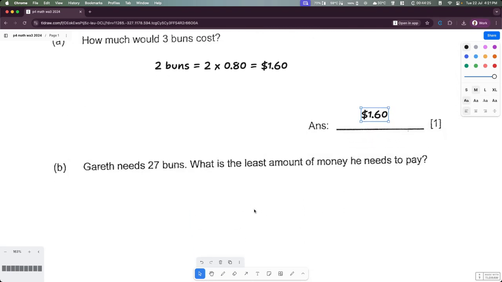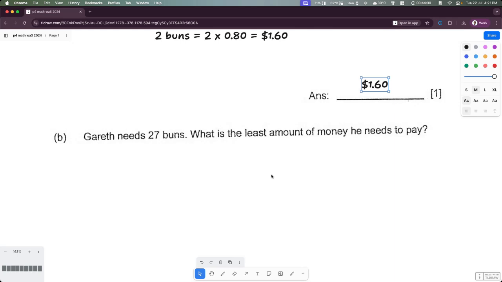Garrett needs 27 buns. What's the least amount of money he needs to buy them? That means we're going to use the offer as much as possible. One set of 3 buns is equal to $1.60. So how many sets are we getting?